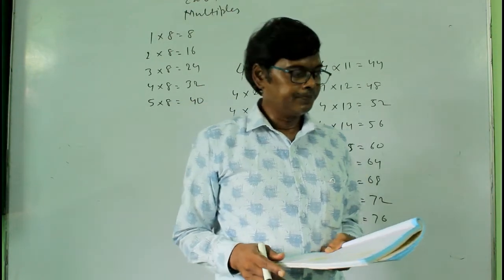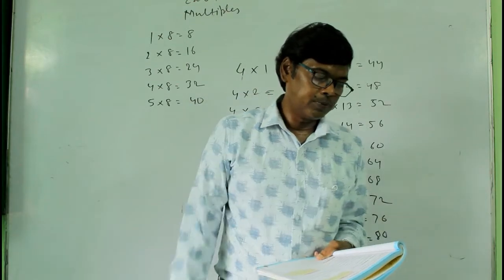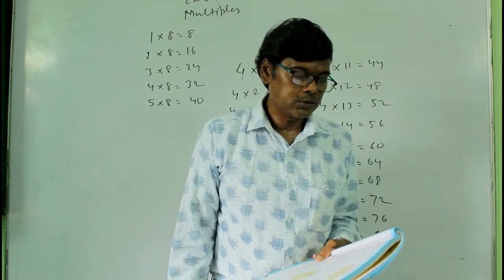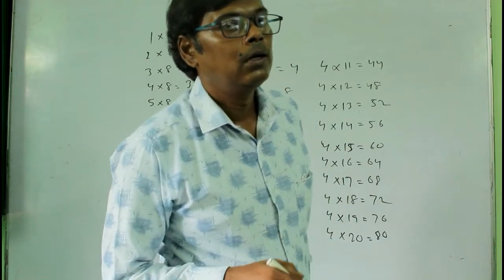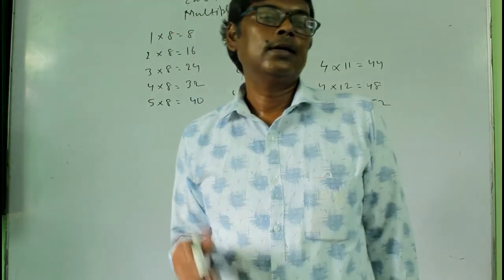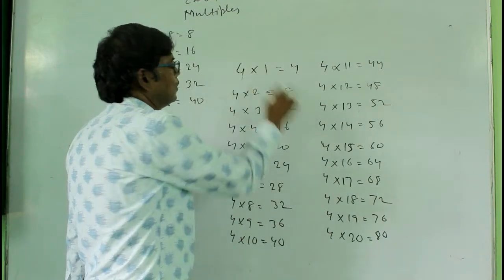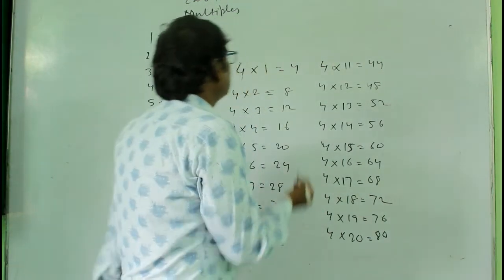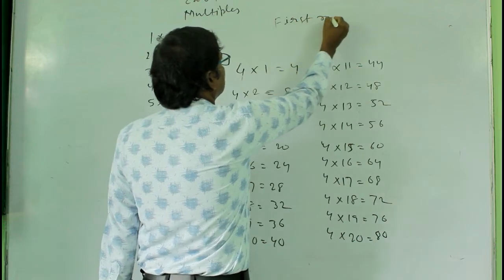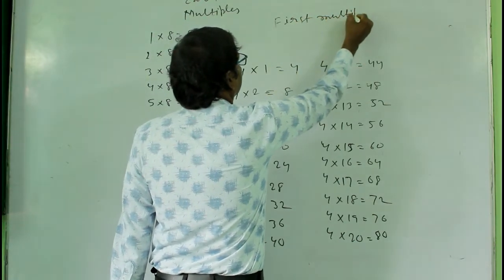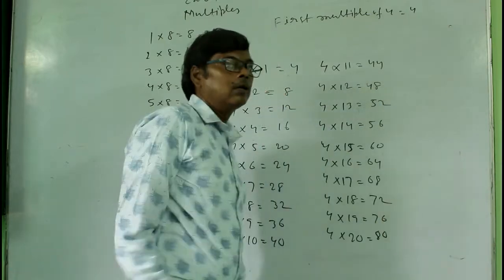Of a number, there are some properties of multiples. The first property is that the first multiple of every number is the number itself. Like the first multiple of 4 is the number 4 itself. If you write first multiple of 4 equal to 4, that is the number itself.